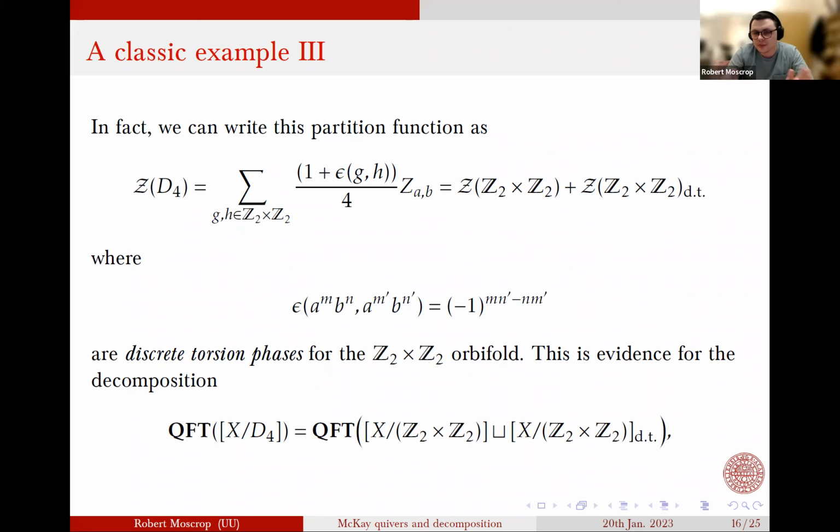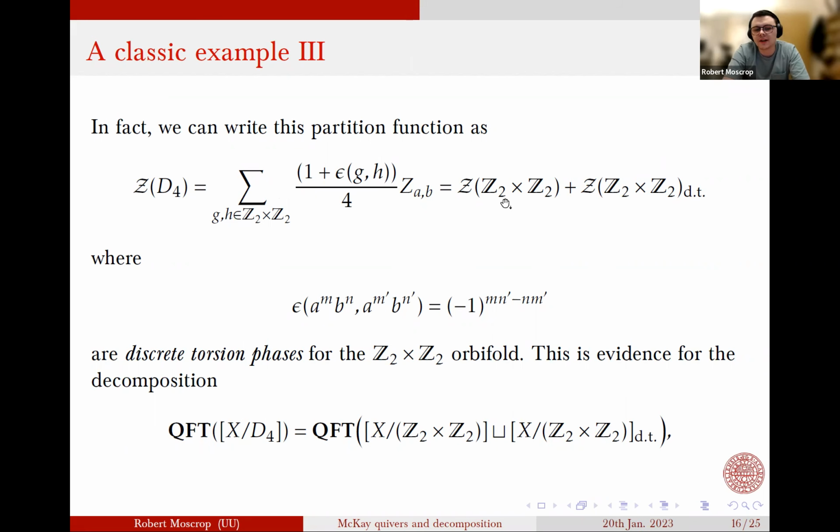This is all to say, okay, there's this effect that you can impose on your orbifold if it allows projective representations. And the result is that you get certain phases that can appear in the path integral, the partition function. And it's exactly these epsilon things.